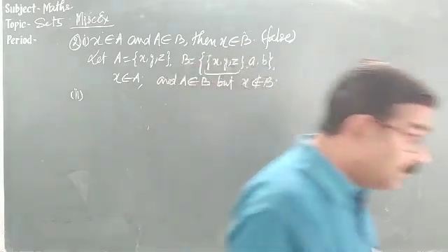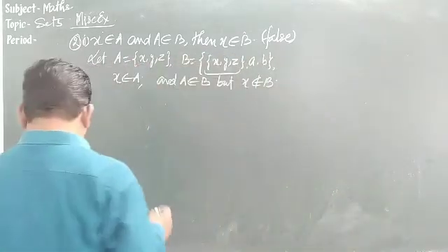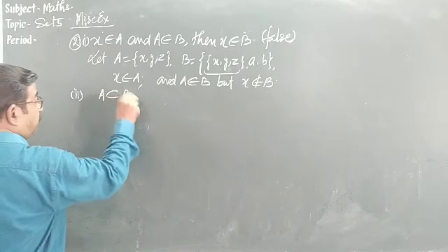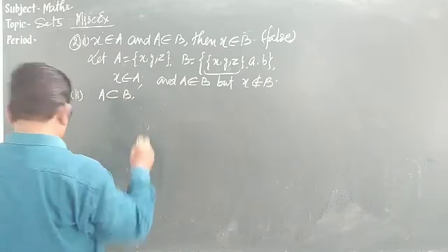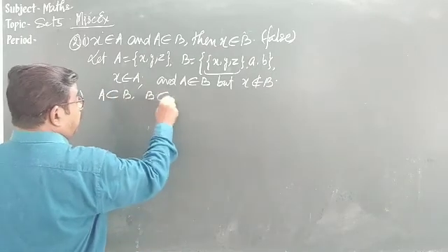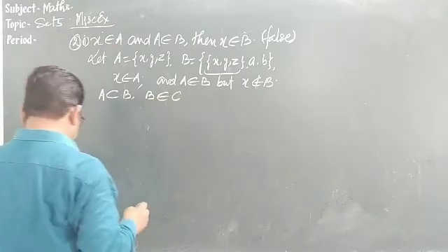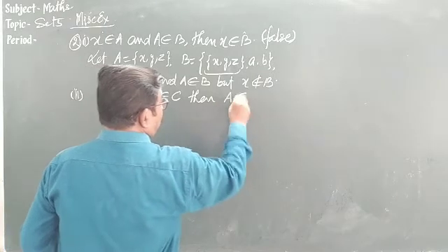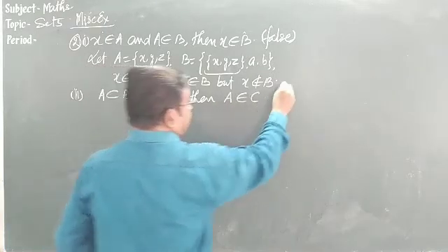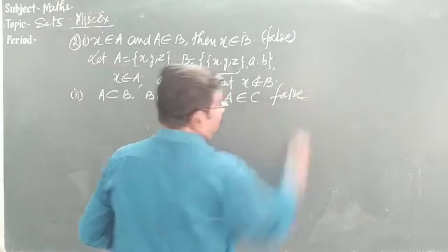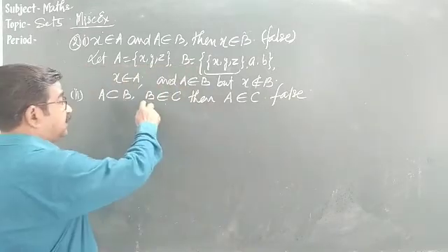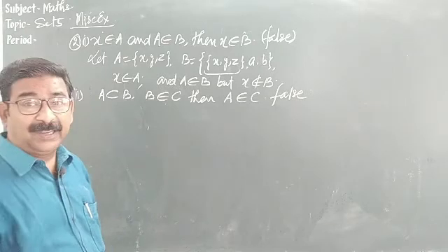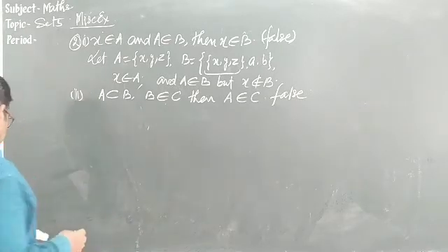I am writing: A is a subset of B, B belongs to C, then A belongs to C. It is again false. Why is it false? A set cannot belong to another set, a set is a subset of another set. So again we can take an example. A is a subset of B.